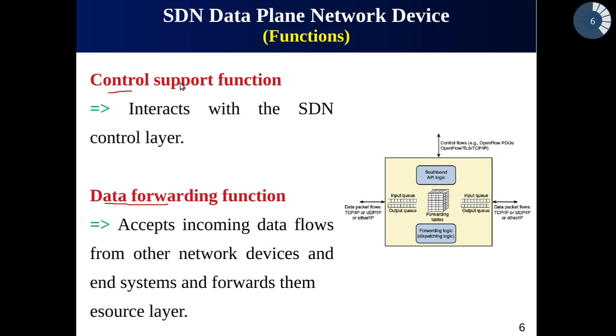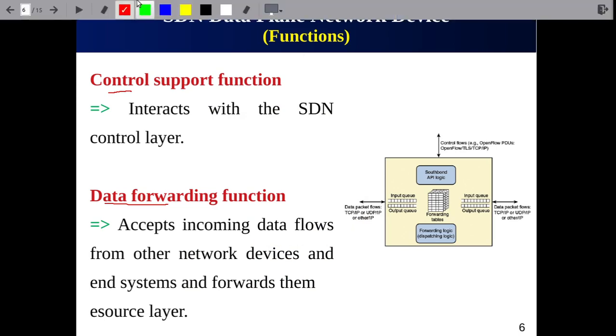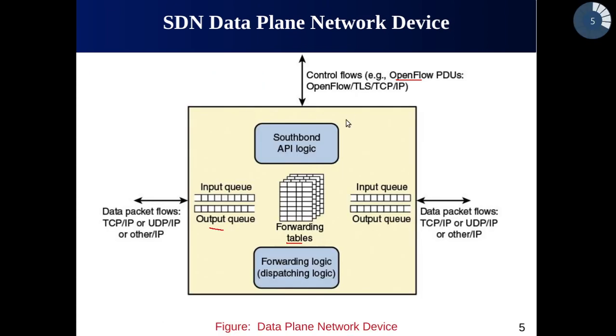So that is the first function, control support function, and for that this device must interact with the SDN control layer or with the SDN controller, and you can see it from here as well.